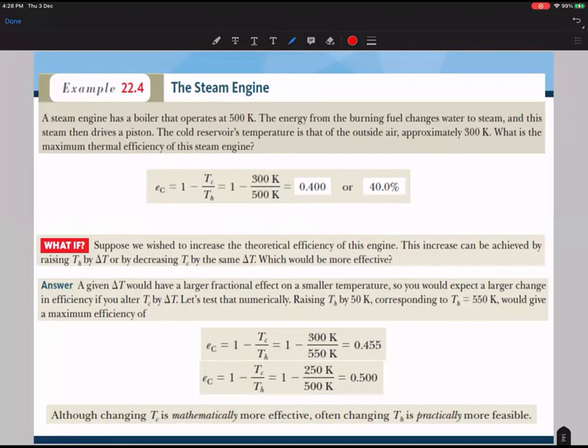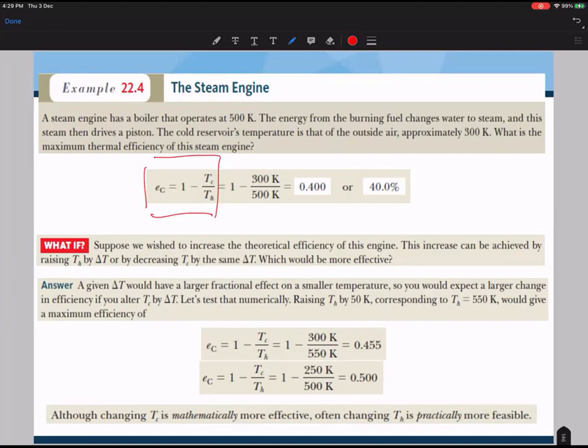The waste heat energy has to be lost to the surrounding air at 300 K room temperature, basically. So what would be the maximum possible efficiency? By the Carnot heat engine cycle, the maximum efficiency we could get is defined as 1 minus TC over TH.